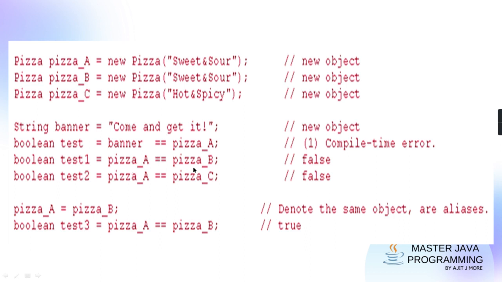Now quickly tell me, pizza A double equal to pizza B, why is it false? Though the values are same, still why false? They have different references. The equality operator doesn't check the value of the object.